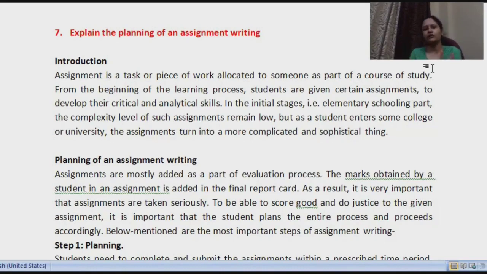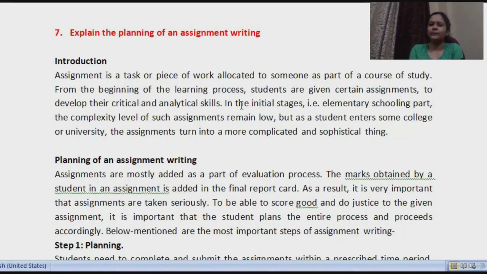As part of your school, maybe class 8, class 9, you had to submit all those assignments. And now, a student of BA LL.B 5 years course, you will have to submit that assignment, right? You need to submit 5 assignments. After that, you become eligible to sit for your semester exam. That means assignment is a part of some course that you are studying, and as a result, you complete it.